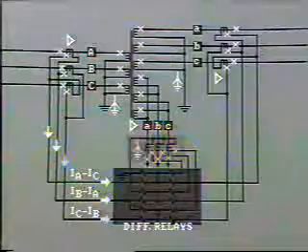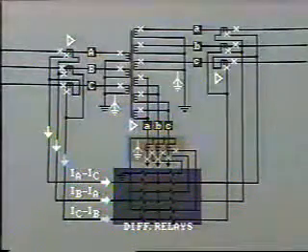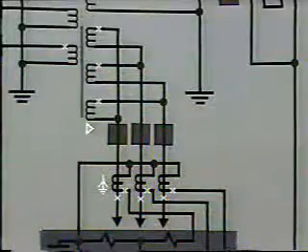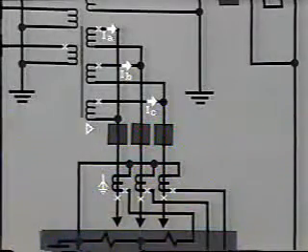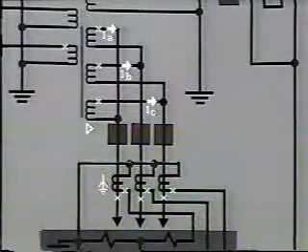Now let's look at the current flow in the tertiary CTs. The current in each phase of the tertiary winding corresponds to its primary, IA, IB, and IC. However, as the transformer is connected in delta, the line currents will be different.